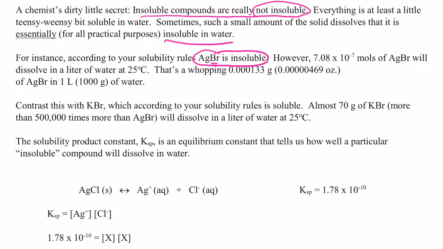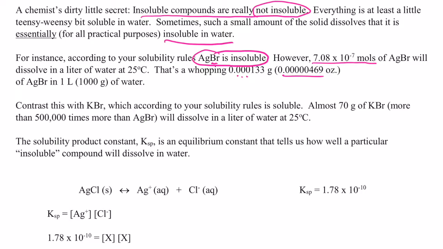However, it turns out that in a liter of water, 7.08 times 10 to the negative 7th moles of silver bromide will dissolve at 25 degrees Celsius. That turns out to be 0.000133 grams, or I've converted that to ounces for you, will dissolve in a liter of water. Essentially, such a small amount dissolves, we say it's insoluble.